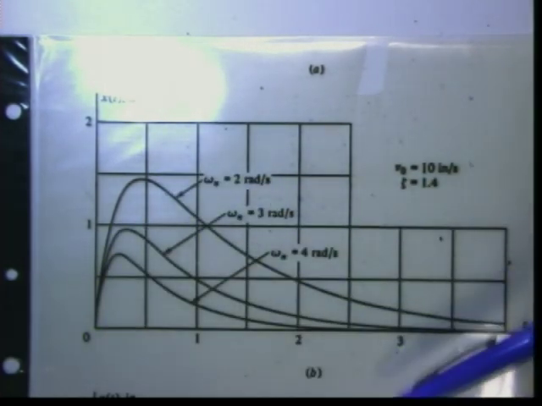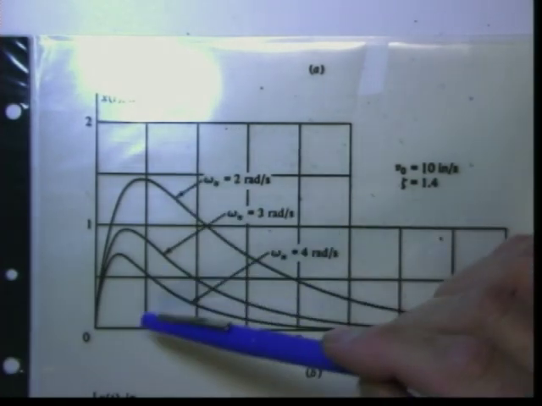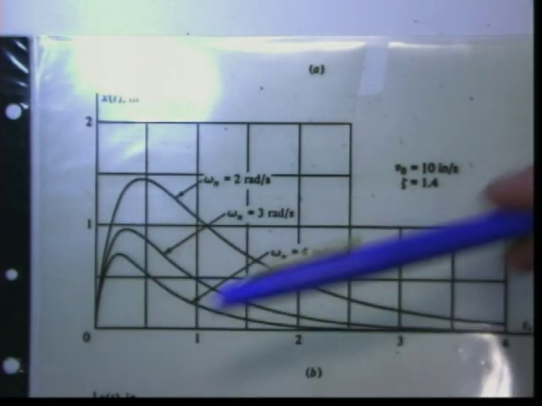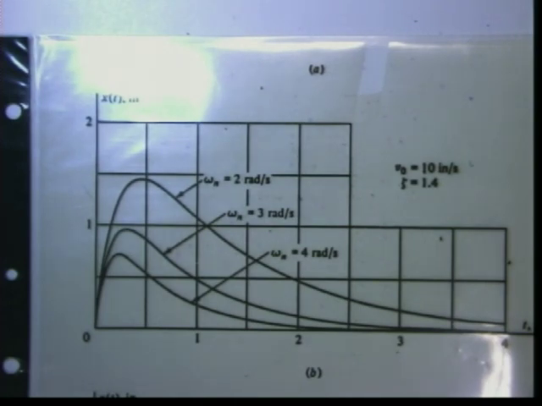You may want to make a figure. The maximum is at 0.5 t, 0.40. So just one figure is enough. Yes, sir? Overdamped case, right? Overdamped, yes. That is the system we talked about.